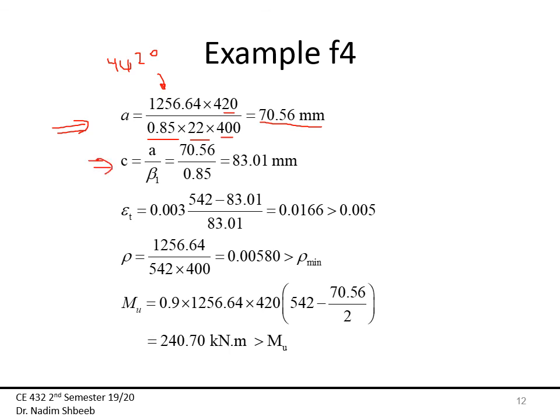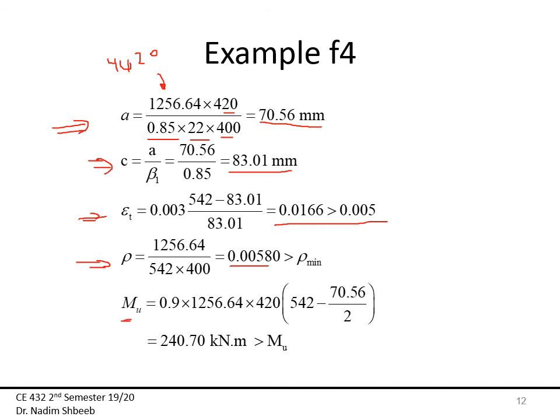For that, now c is going to be a over beta 1, and from that I got c to be 83.01. Now the net tensile strain is going to be epsilon ultimate times d minus c over c, and that's much larger than 0.005. Just check for rho, it's more than rho minimum. Then I'm golden.